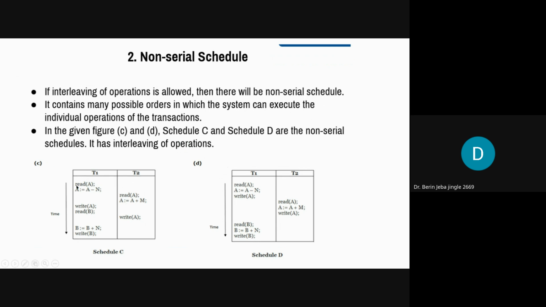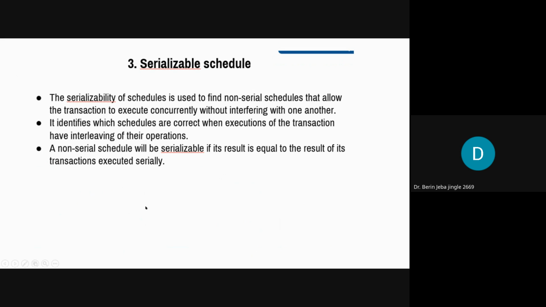In transaction T1, these two instructions are executed first. After that, T2 comes. So there is no serial execution; interleaving operations are allowed between the transactions. This is called a non-serial schedule.